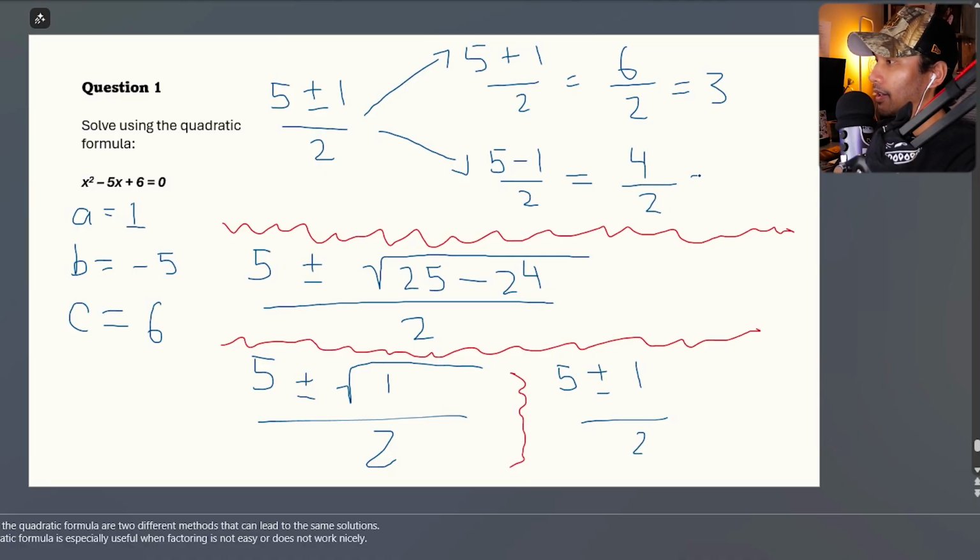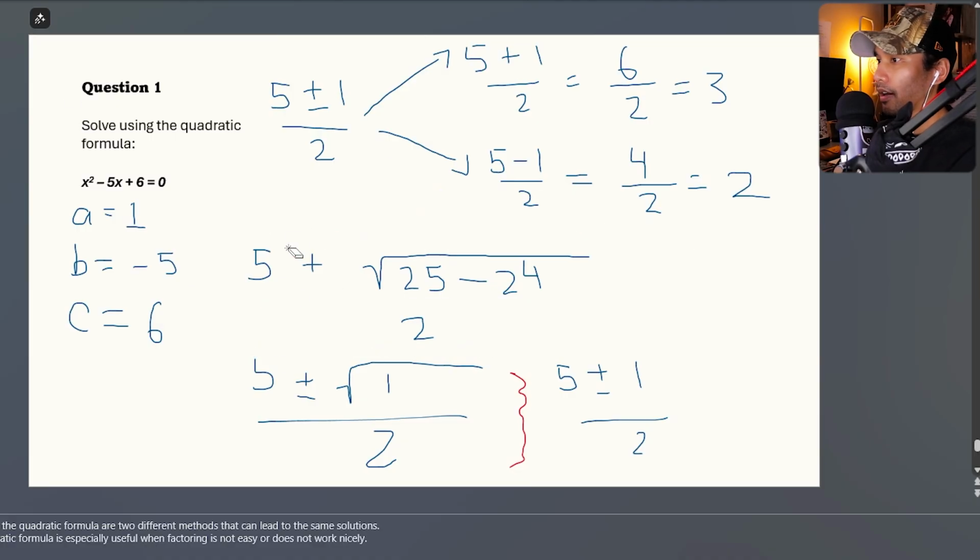And then this equals 4 divided by 2, that equals 2. Then you found your x-intercepts, or you solved the quadratic formula, which is x equaling 3 and x equaling 2. Okay, we've solved it.